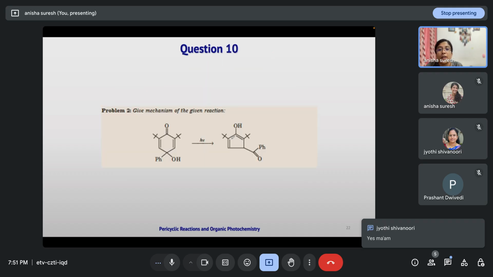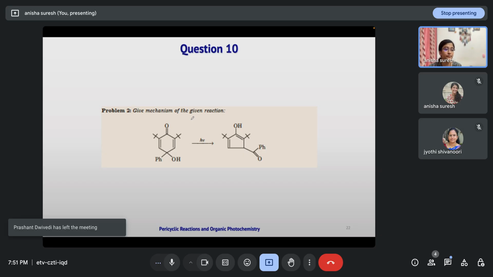Okay. Now coming to question number 10. Give the mechanism of the given reaction. So this is a dienone sort of system. So this is rearrangement reactions in dienones. So how is it taking place?